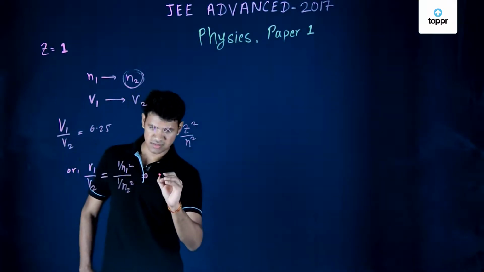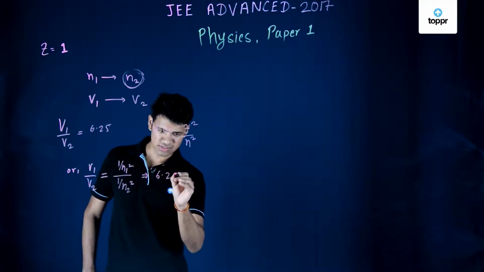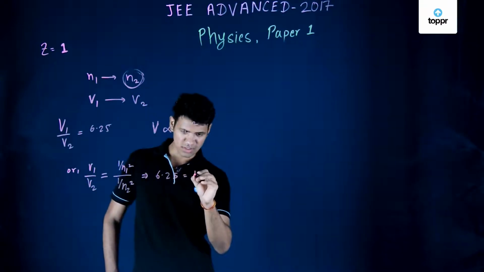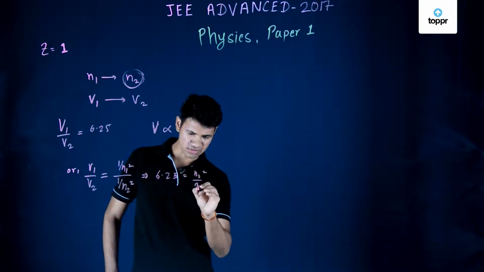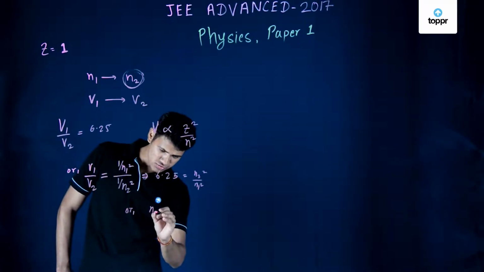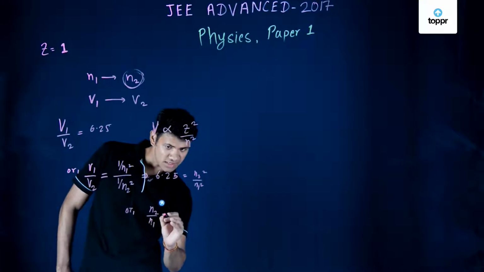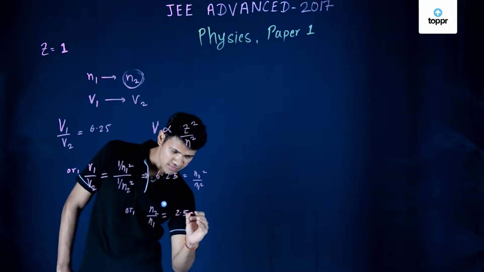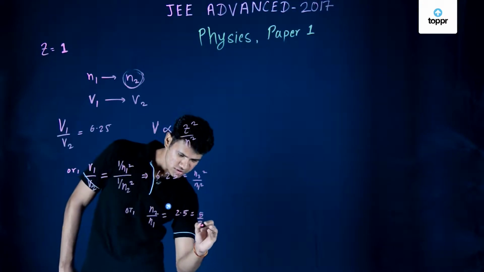Which implies 6.25, which is the ratio of V1 by V2, is equal to N2 square by N1 square. Simplifying it further, we get N2 by N1 as 2.5, which is 5 by 2.